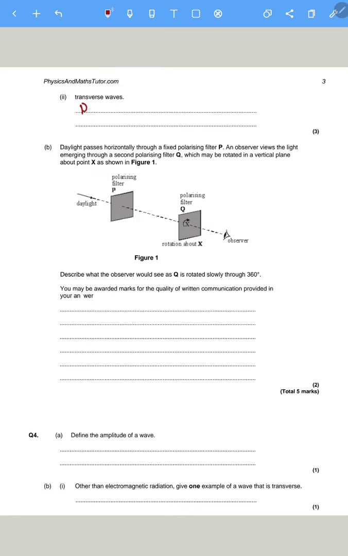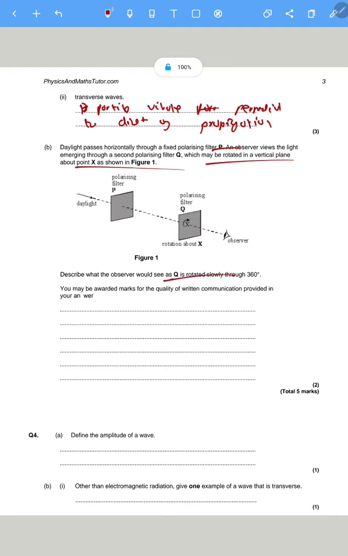Transverse: particles vibrate perpendicular to the direction of propagation. Yeah, like a revision thing, innit? Daylight passes horizontally through a polarising filter, which is rotating, so this is doing that.